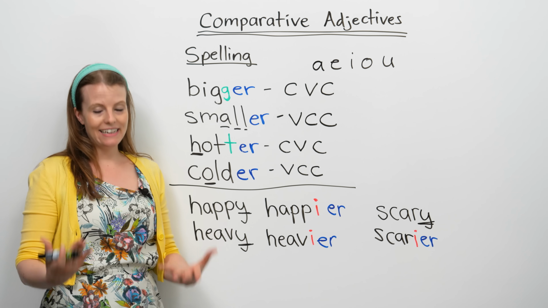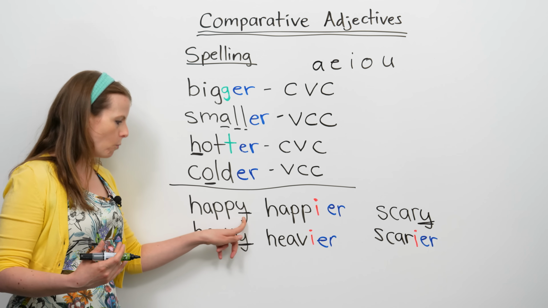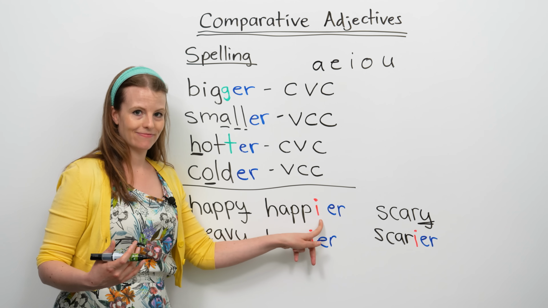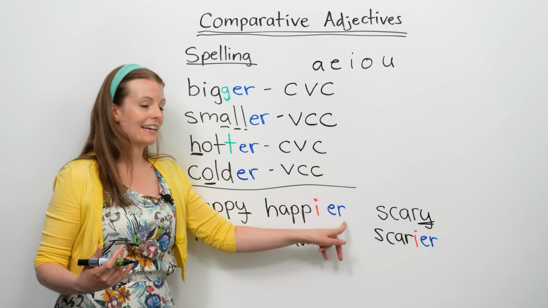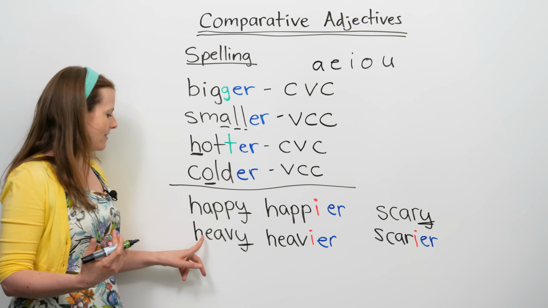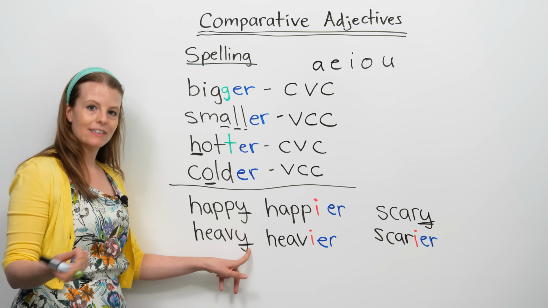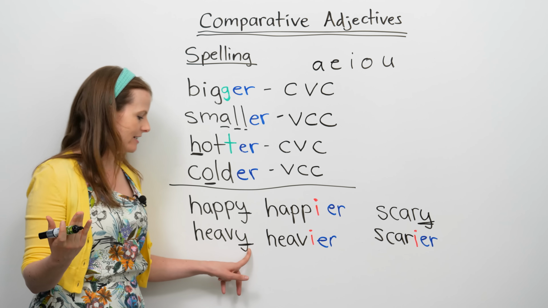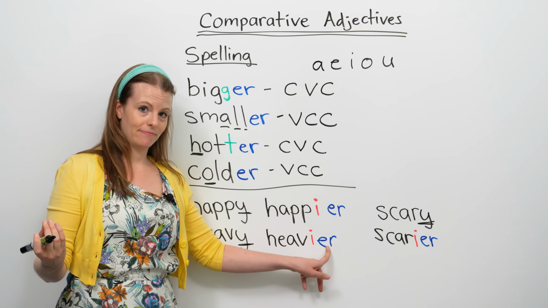So when we add ER, we need to change the Y. We change the Y to an I. So we have happy, the Y becomes an I, and then we add ER. We have the word heavy. Again, it ends in a Y. So when we make it a comparative adjective, we change the Y to an I, and we add ER.